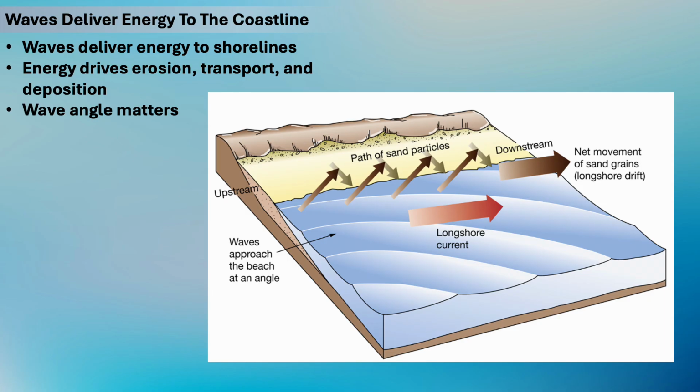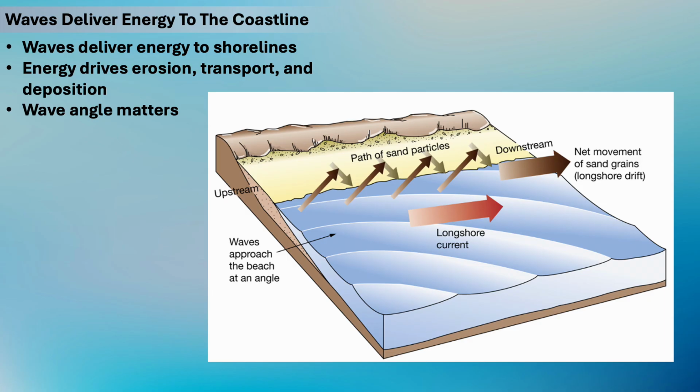Almost everything that happens physically at the shoreline begins with waves. When waves approach the coast, they are carrying energy that was originally transferred from the atmosphere, often far from shore. That energy does not simply disappear when the wave breaks.